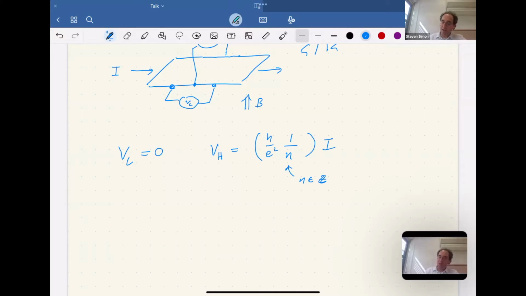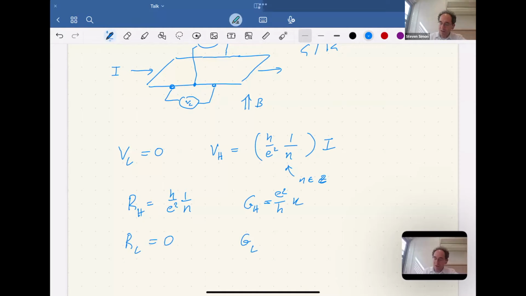And this quantization of the voltage in inverse units of h over e squared is extremely precise. By this time, it's been measured, this coefficient here, R Hall is h over e squared 1 over n, or the inverse, G Hall, the Hall conductance, e squared over h times n. And in both cases, the longitudinal conductance or resistance is 0.